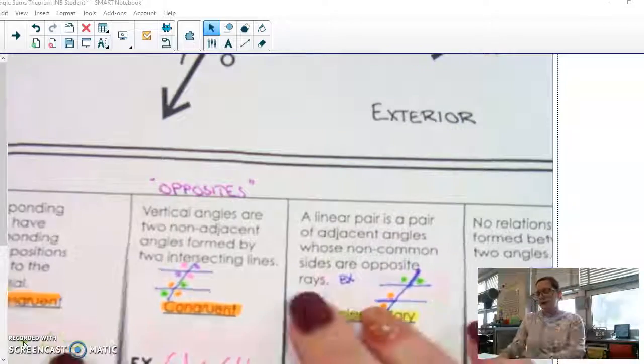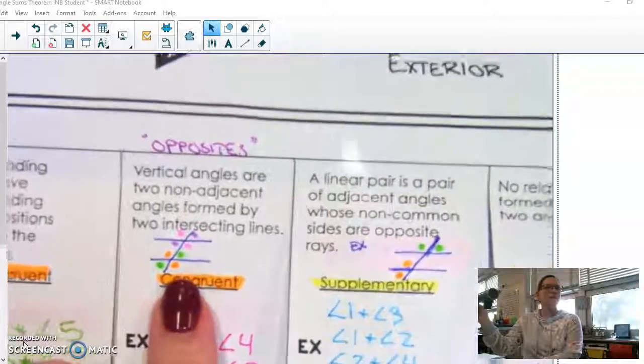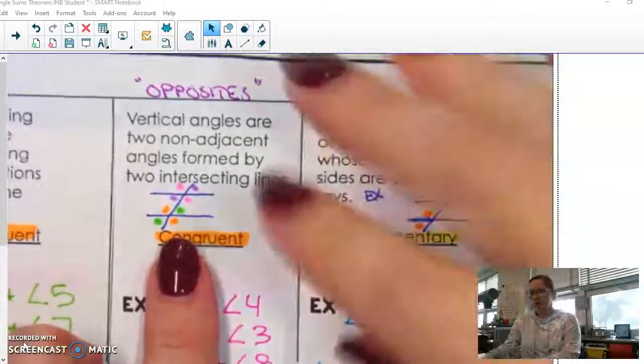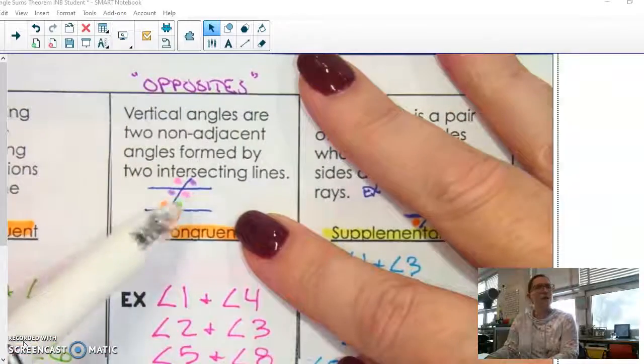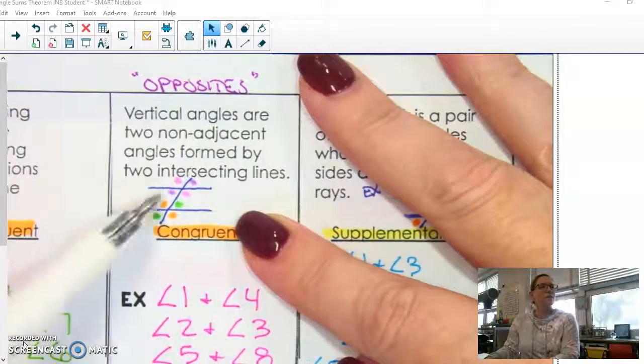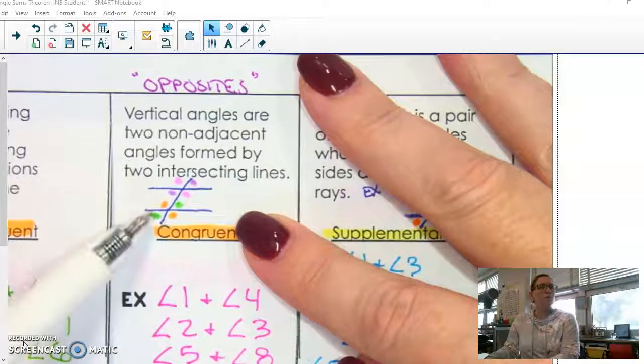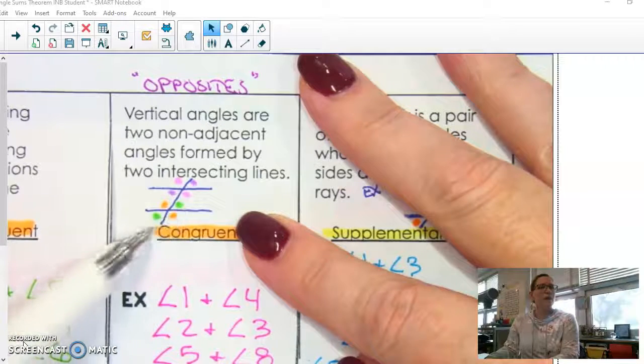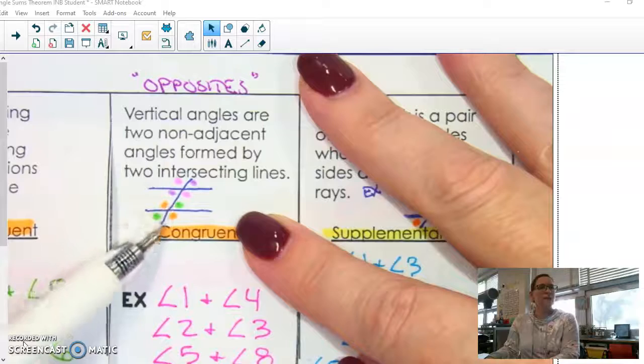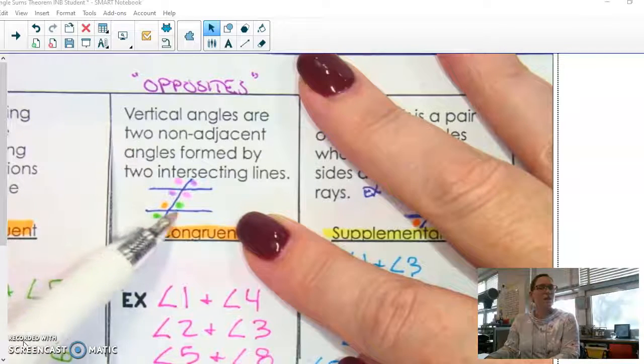It's kind of hard to see that, but easier to see in the diagram. You can see here the opposite angles are vertical. So the two pink, the purple, the orange, and the green are kind of reflections of the V from one side to the other.